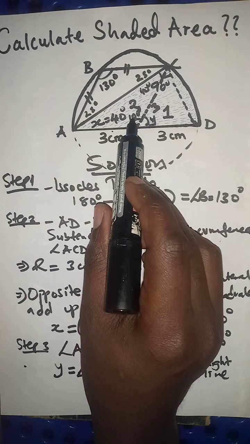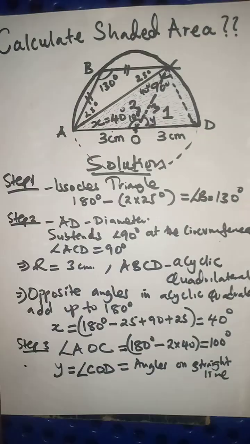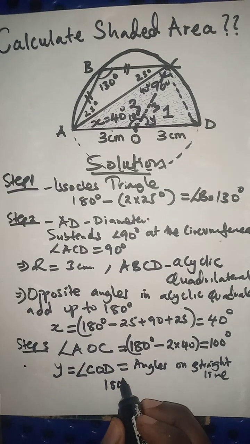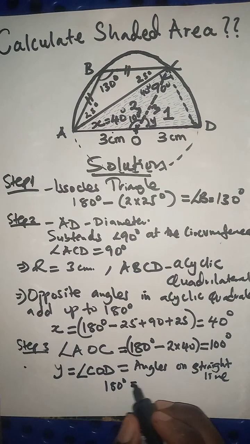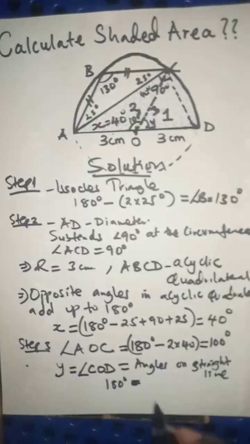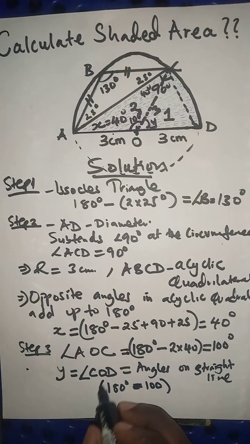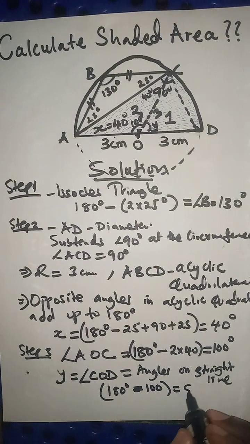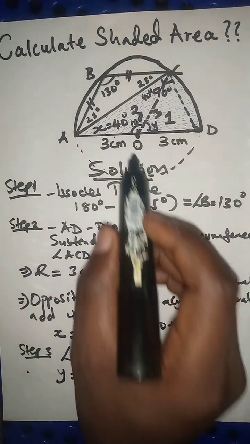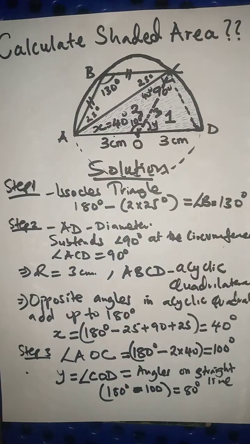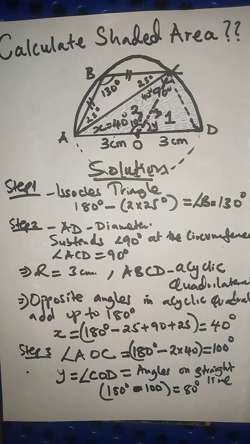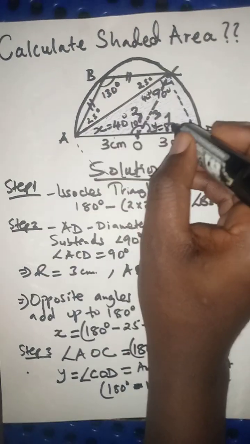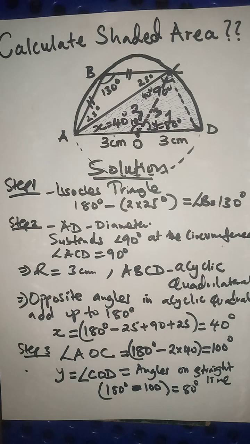If this is 100, then angle Y will be 180 minus 100 to get 80, as the angles on a straight line add up to 180. So it goes without saying that angle Y is 80 degrees.